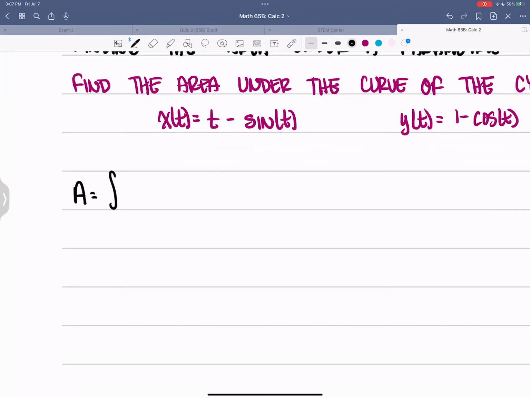as t goes from A to B, then we have y of t times x prime of t, we're multiplying those two together, dt. Simple as that. So evaluating from A to B, this is whatever t is because we're integrating with respect to t.